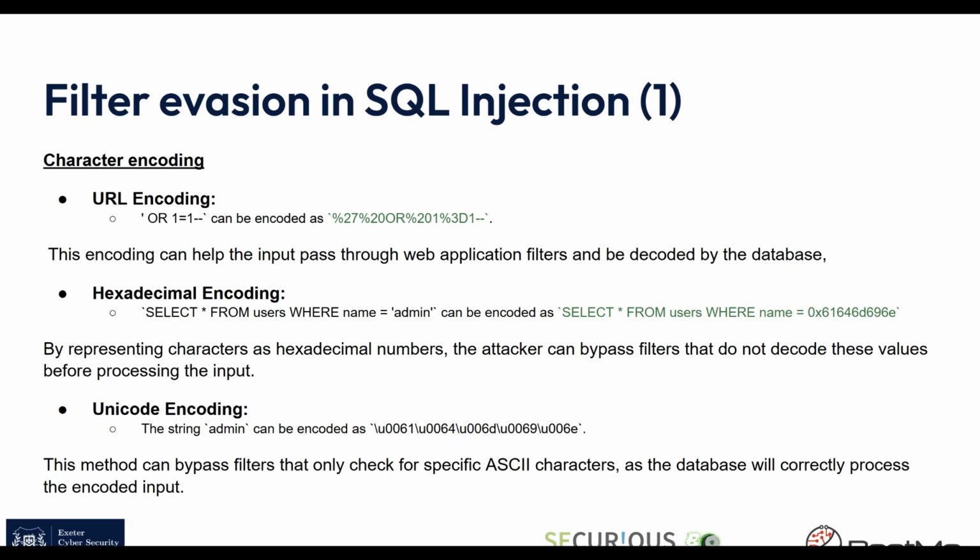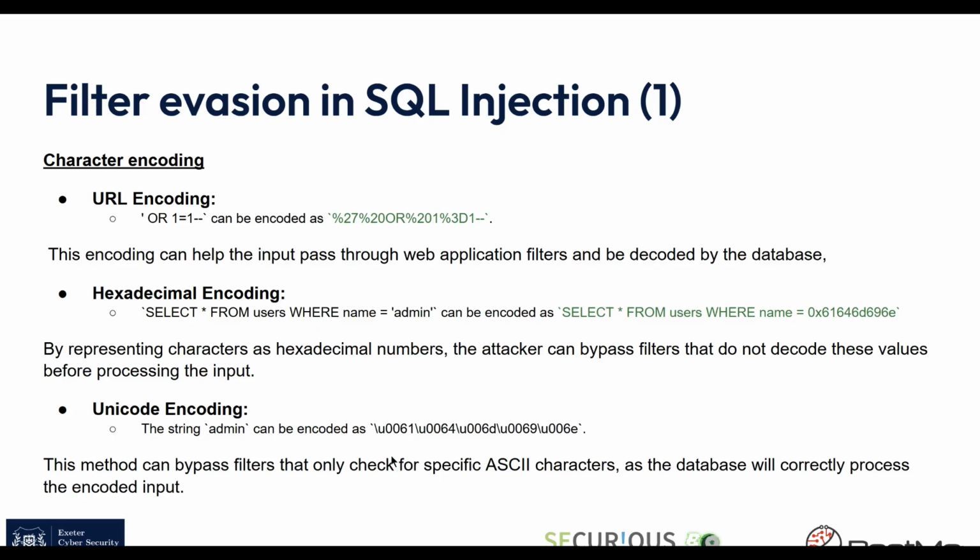Sometimes it works because you URL-encode it, you paste it, it's decoded when it's executed, and done. Hexadecimal encoding as well. Sometimes just encode your strings as hexadecimal. For example, if the admin string was blocked by a filter, you could encode it as hexadecimal and it would be decoded by the system directly.